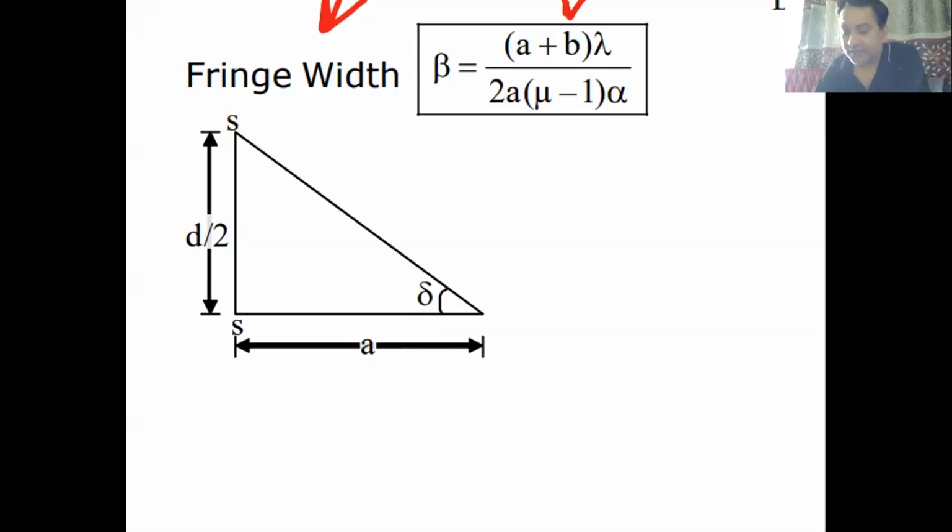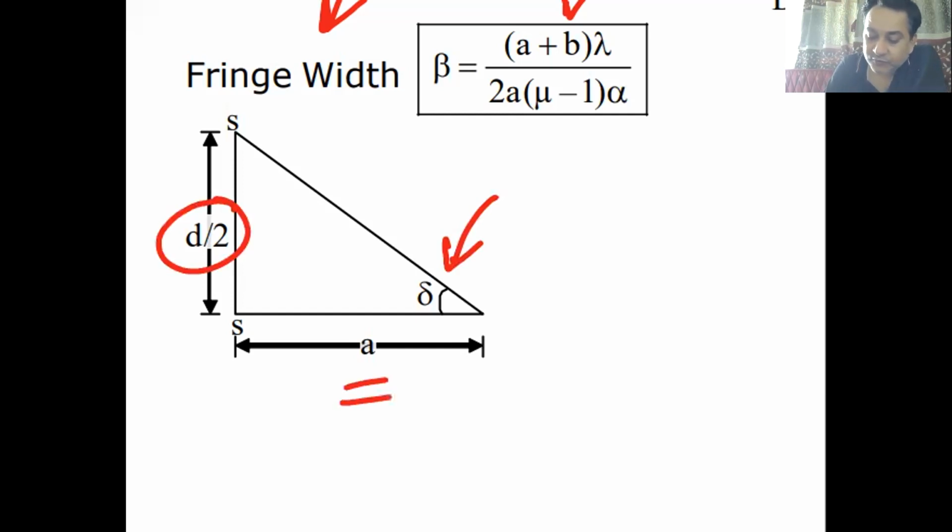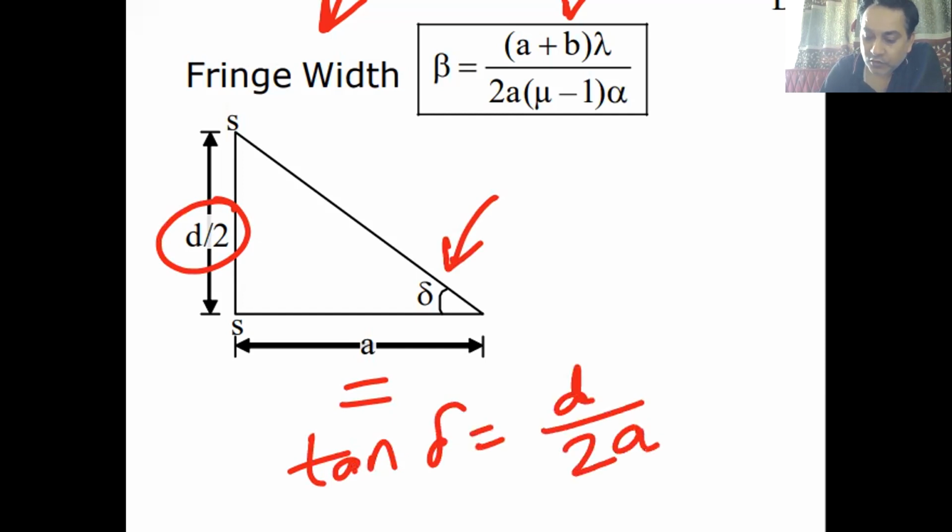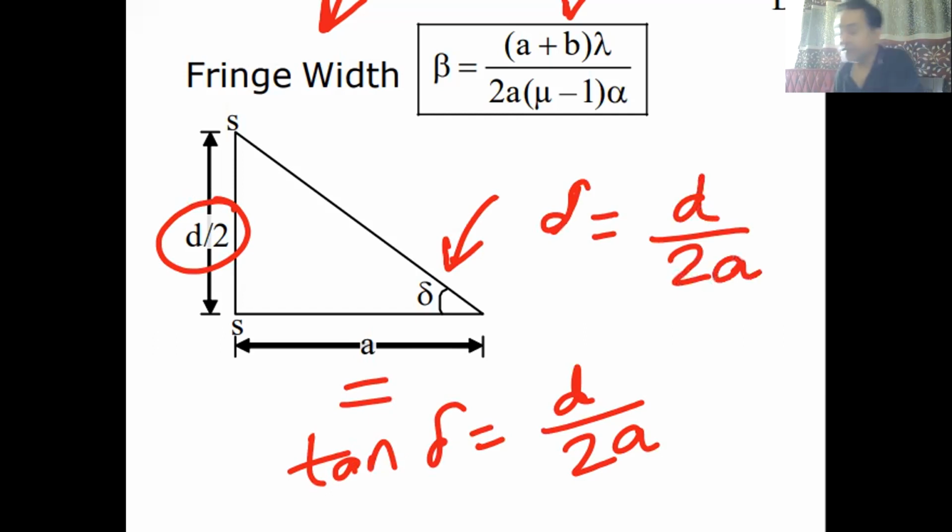Then there is one small thing that you must remember. I showed you an angle delta there. This angle delta, you can remember this formula. Tan of this angle delta is equal to d by 2a, or you can write this angle delta, if the angle is very small, as d by 2a. Sometimes this delta is given to you. What is this delta?